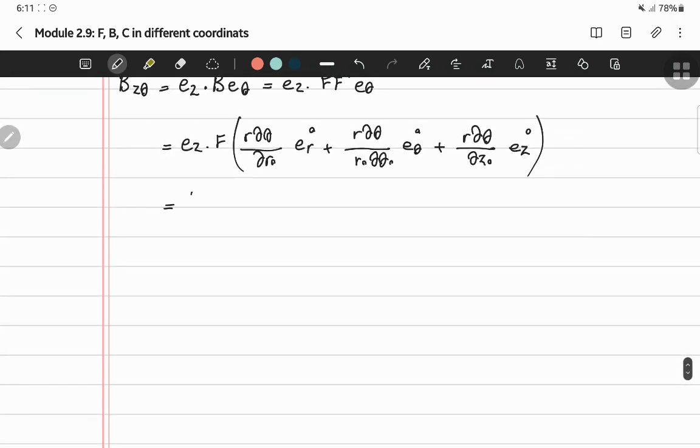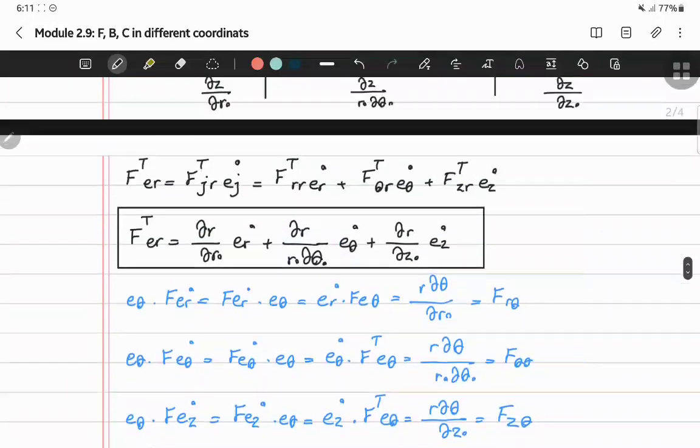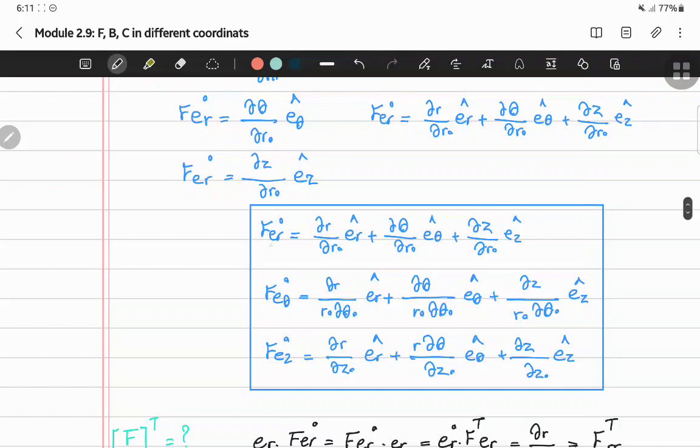So then I have R partial derivative of theta with respect to R0, EZ dot F ER0 plus R partial derivative of theta, R0, theta 0, EZ dot F theta 0. Then we have this in here. Then we have EZ dot F, EZ0. So F ER0 is already here. So we have to find EZ dot this, then EZ dot this, then EZ dot this. All right.